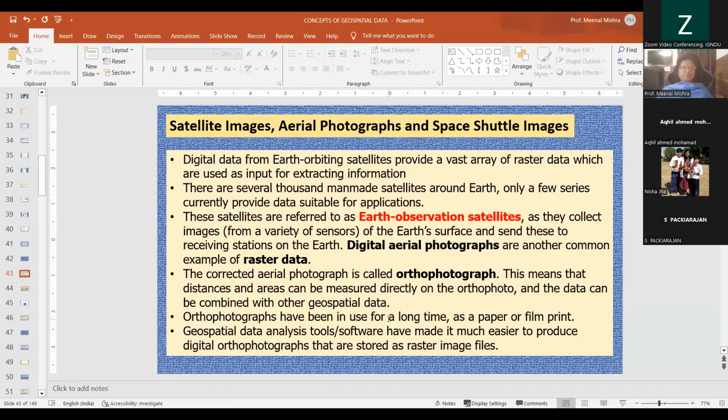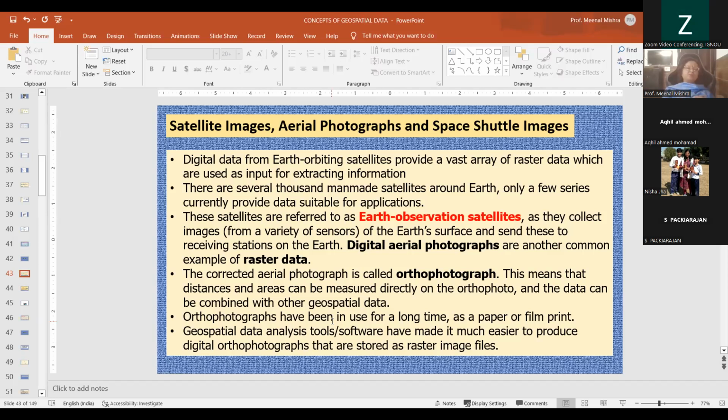So that is also a kind of aerial photograph. And these ortho photographs, which I told you, after correction, this old aerial photograph is known as ortho photograph. These ortho photographs have been in use since long.